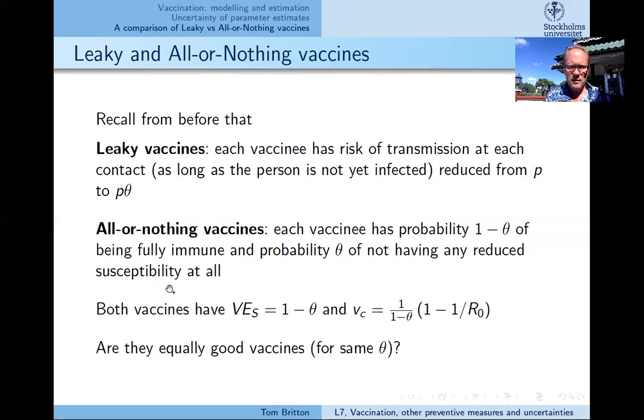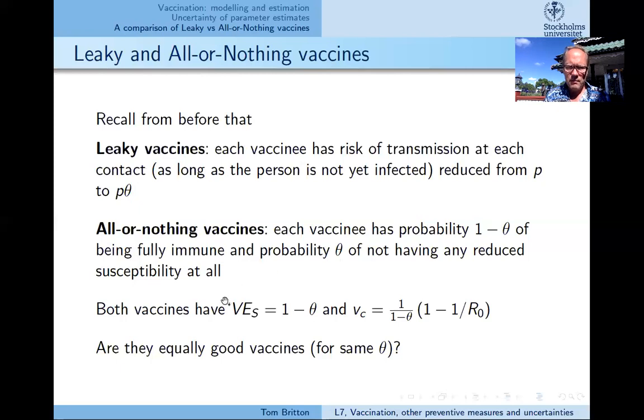Both of these vaccines are said to have vaccine efficacy 1 minus theta. Here, everyone has the risk of infection reduced to theta, and here instead a fraction 1 minus theta become completely immune, and the remaining have no effect.